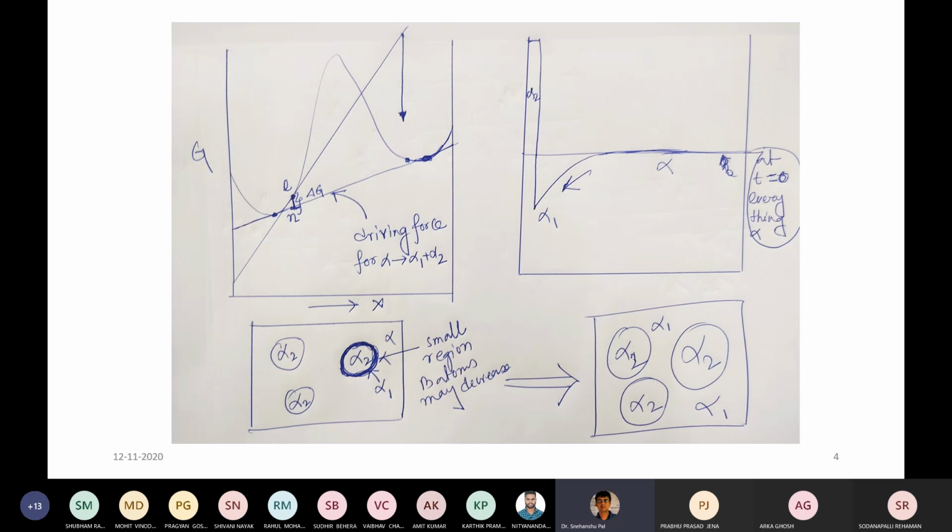So we learned that common tangents to free energy curves define composition regions where phase separation, or you can say two phase equilibria, occurs. And phase separation lowers the overall free energy by splitting the homogeneous system into a weighted mix of two separate phases, each of which has lower free energy than the starting homogeneous phase.